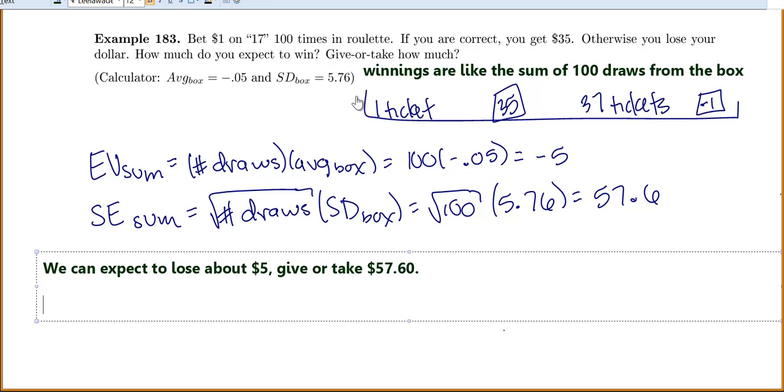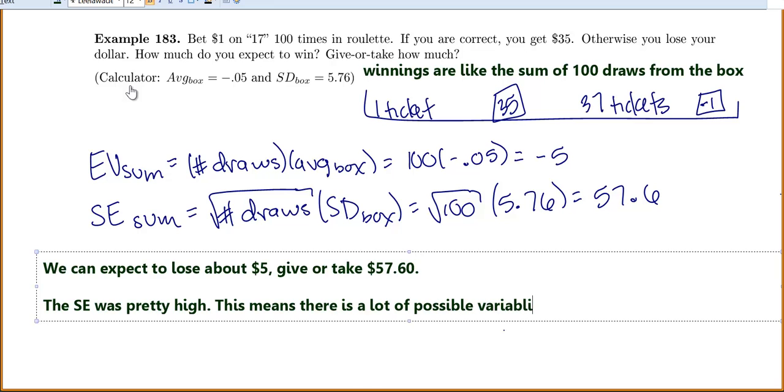Notice that even though our winnings or losings in this case are about the same as when we bet $1 on red 100 times, how much you give or take is much higher. So the standard error was pretty high. This means there is a lot of possible variability.